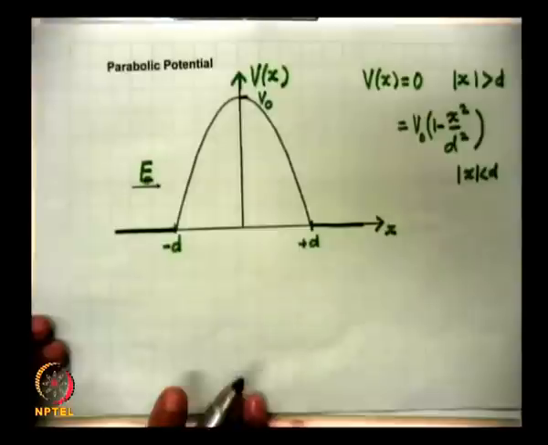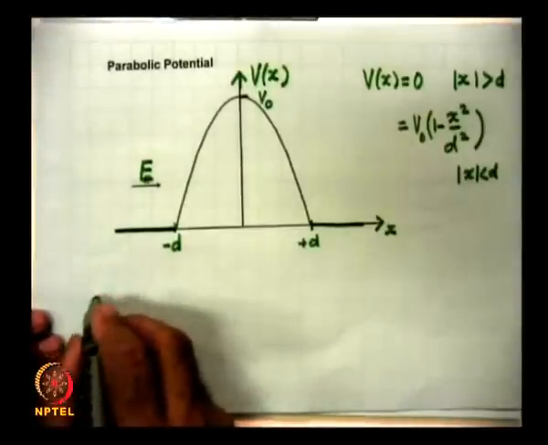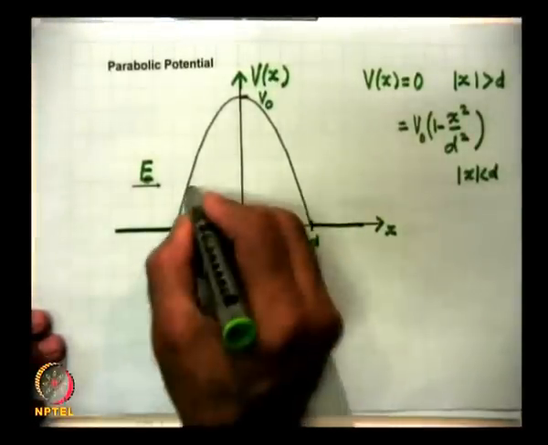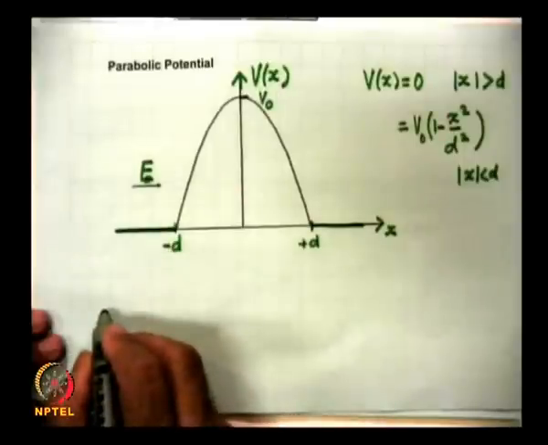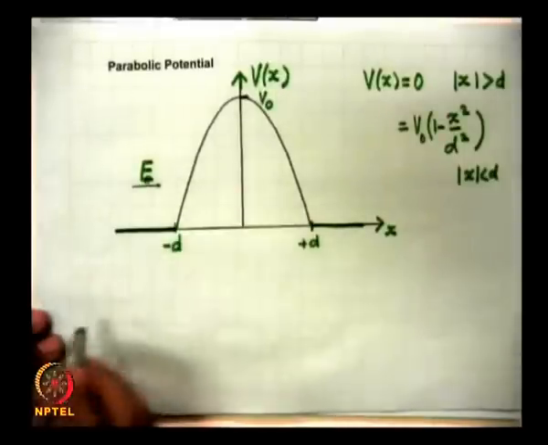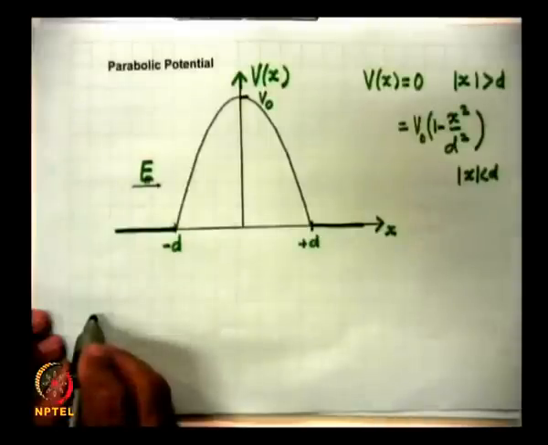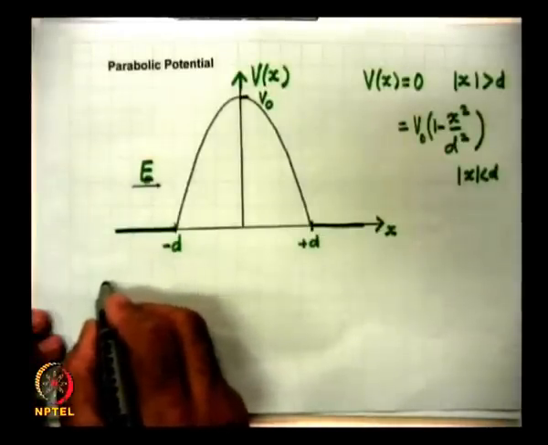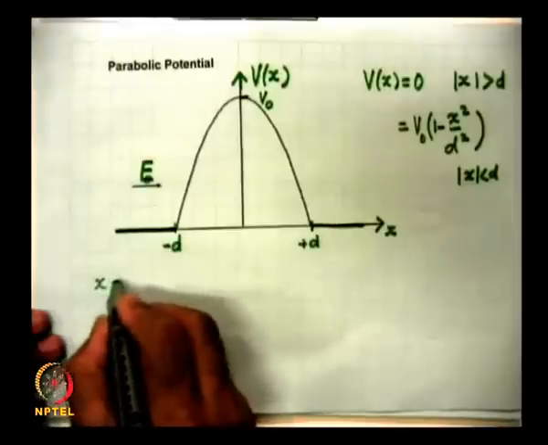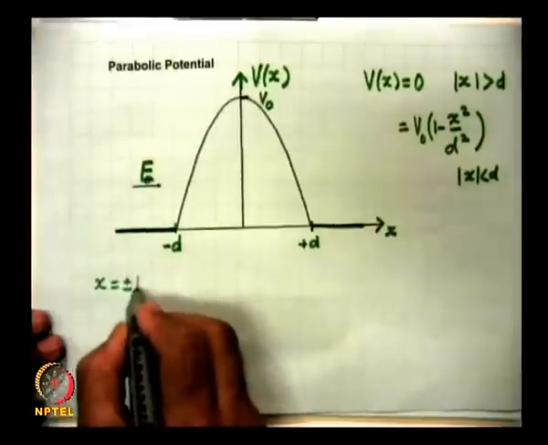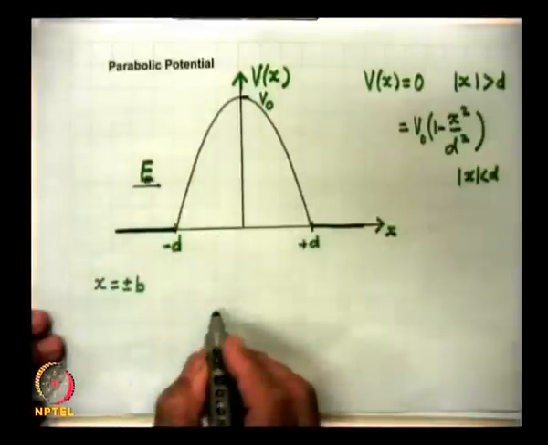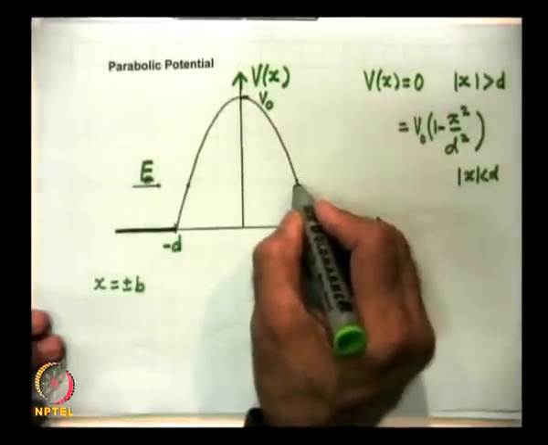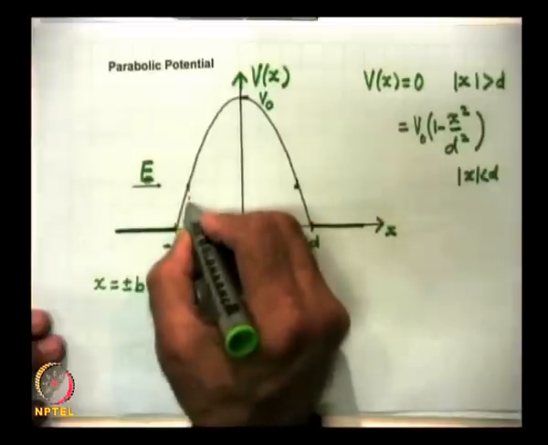So, let me calculate first the integral. The turning points, for a given value of the energy, are given by x is equal to plus minus b, because this is a symmetric potential. So, this will be one turning point and this will be the other.